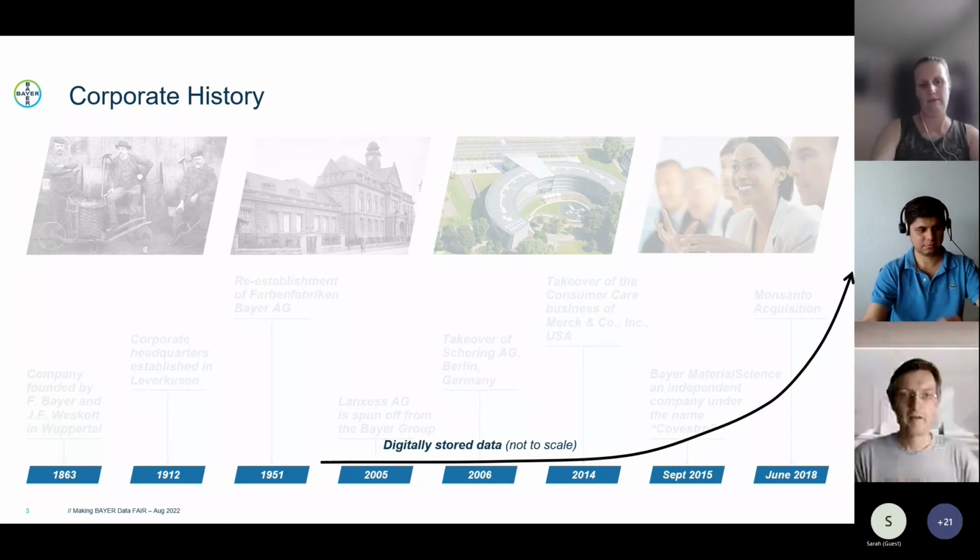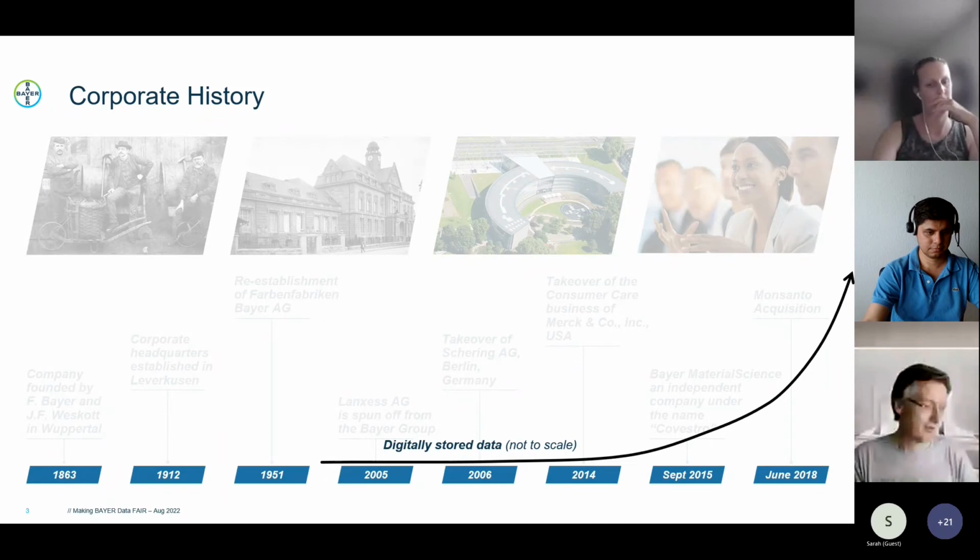So all these things require that you really know where your data are, what kind of data you have, and in the end, naturally get access to them, being able to use them, interpret them, and so on.